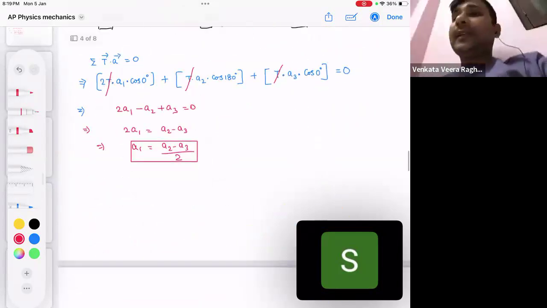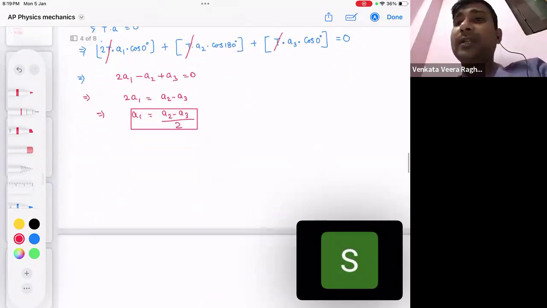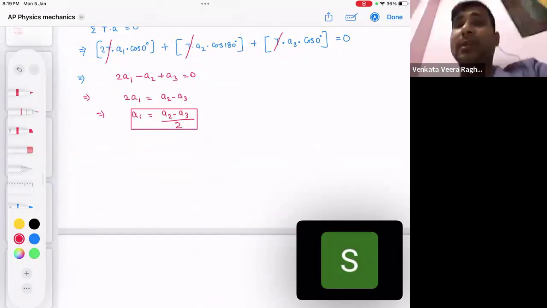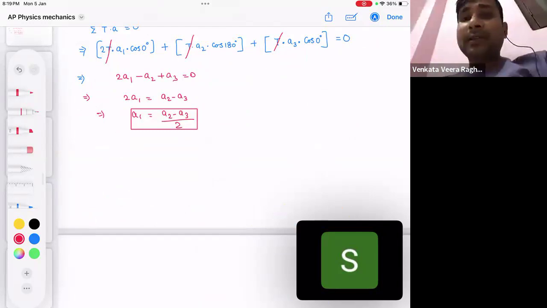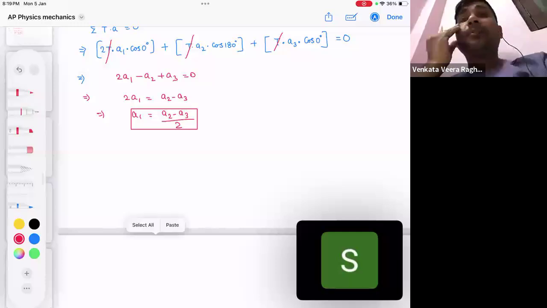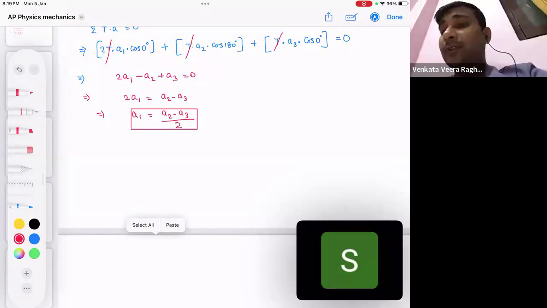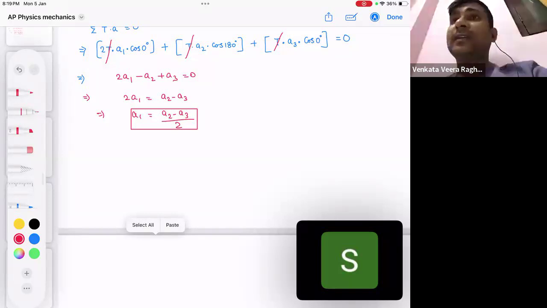Now, the next type of force we have not yet discussed is the friction force. The friction force itself is a complete topic. In some of the questions we have to see what friction force is acting, how much is acting, what is the direction of the friction force, and what type of friction force is there.